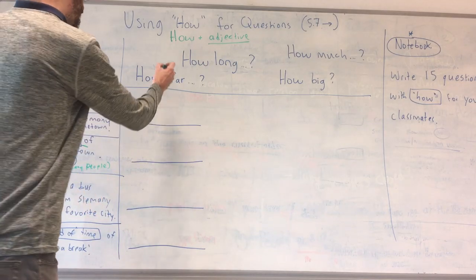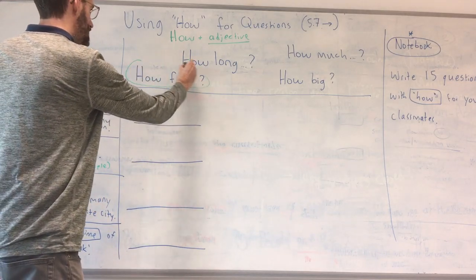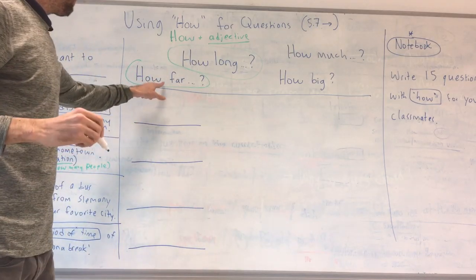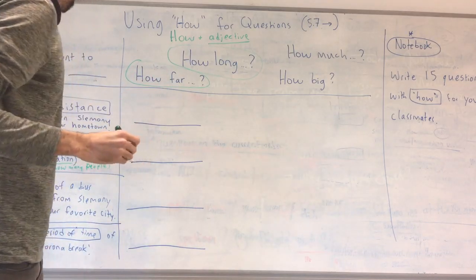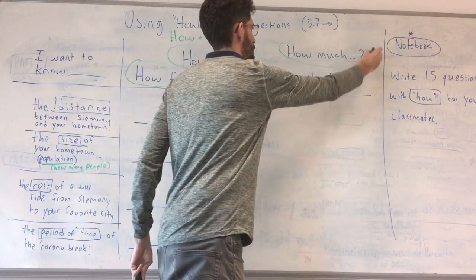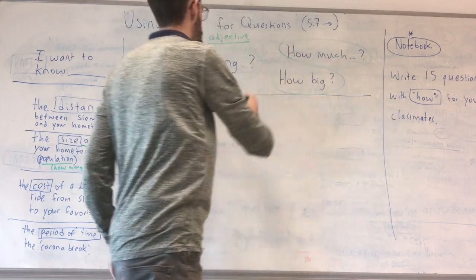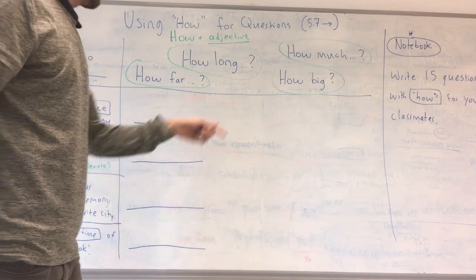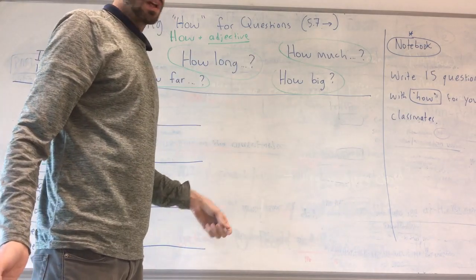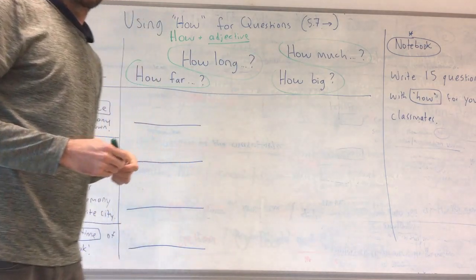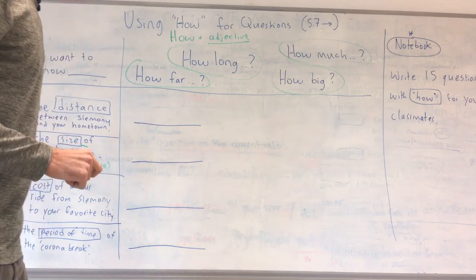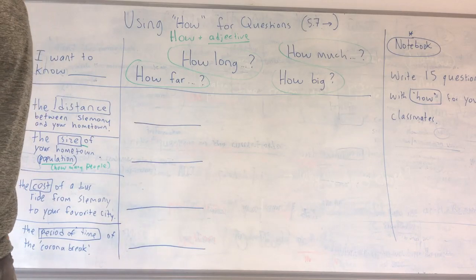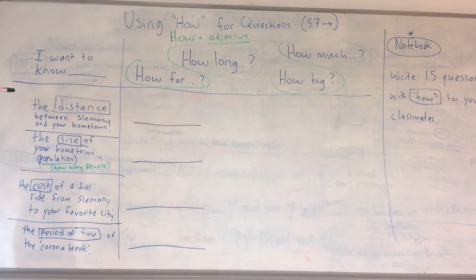So I have 4 options here. Can you match the how phrase with the meaning? Okay? So I have how far, how long, how much, and how big. In your notebook, copy this table, and I want you to match.